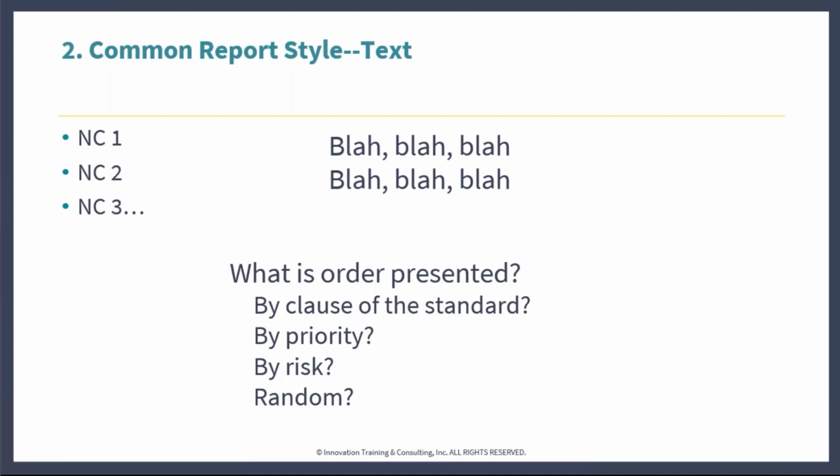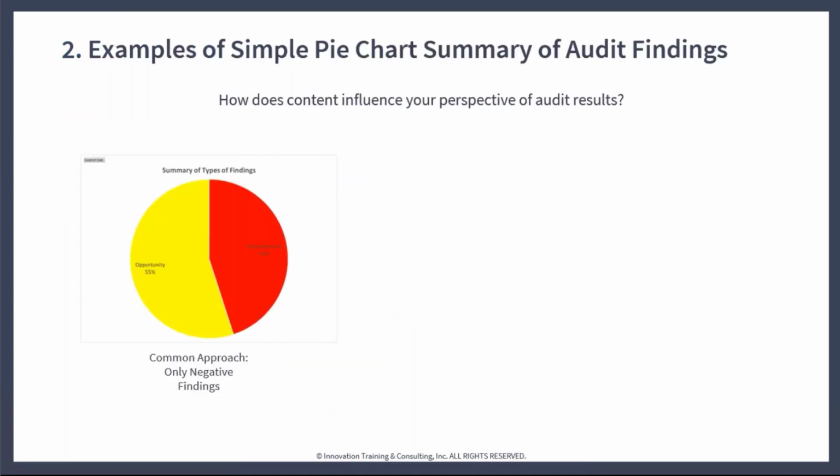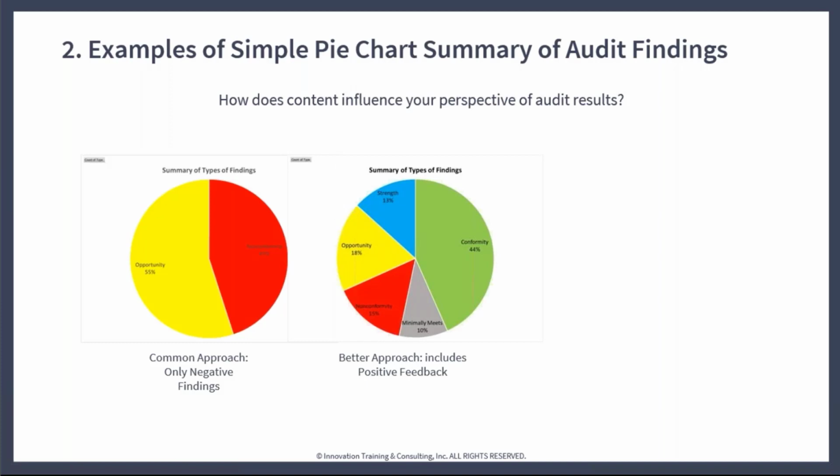So I've got some examples of just simple counting of findings. And the first one is negative, like it's got nonconformance as an opportunity for improvement. And when this is the only thing we report, it reinforces the negative perception of auditing. If I can also show conformance or strengths of an organization, and those areas where there was no nonconformance today, but this system, it's a bit rocky.